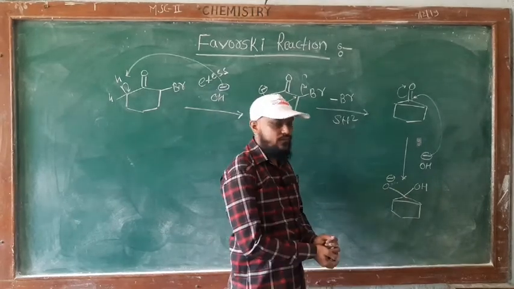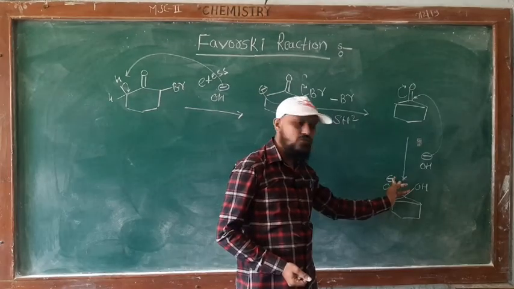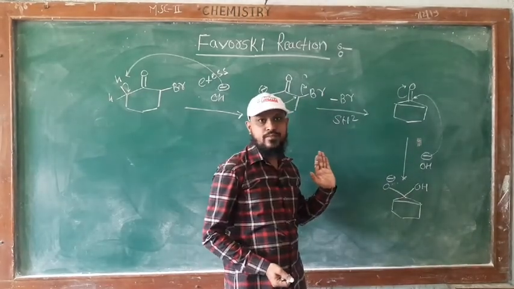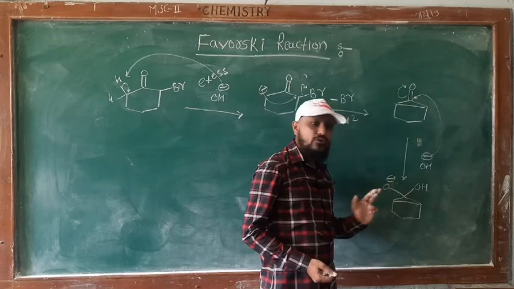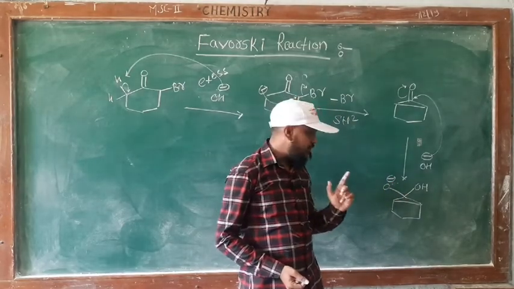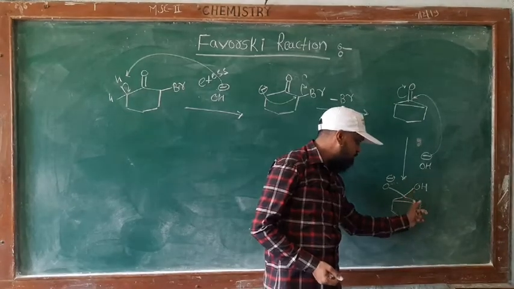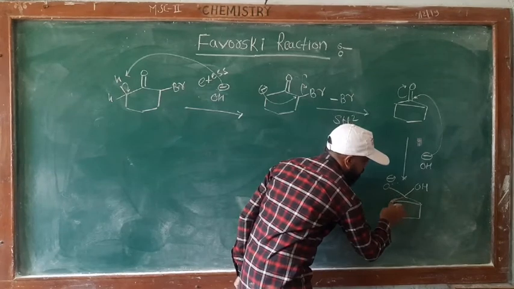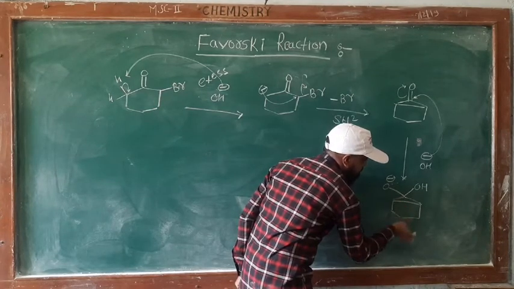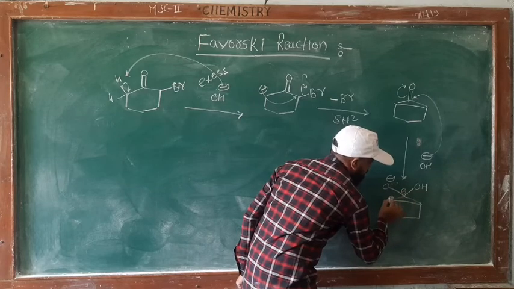After the formation of this intermediate, we want to neutralize this negative charge of oxygen. The negative charge of oxygen is stabilized in two ways: the first way is to break this bond, and the second way is to break this other bond. Firstly we break this bond. After the breaking of this bond, this carbon bears a positive charge and this carbon bears a negative charge.